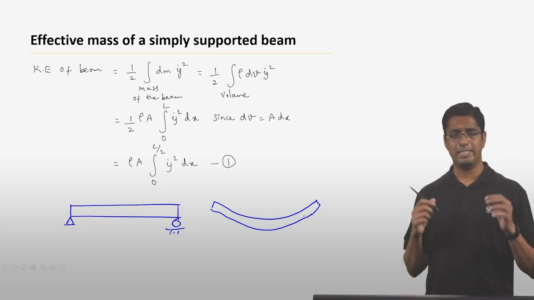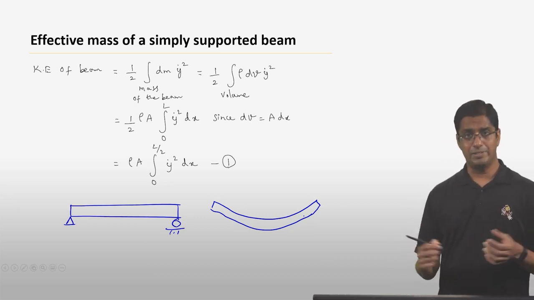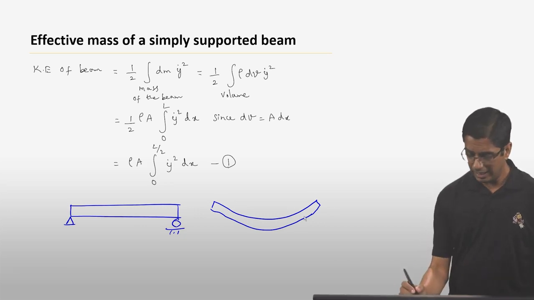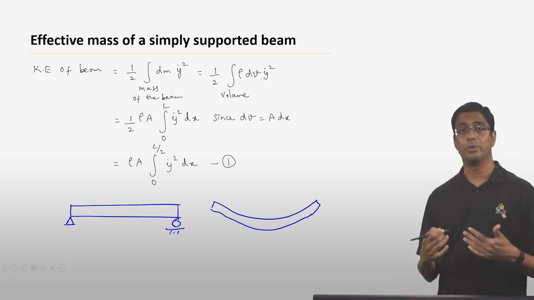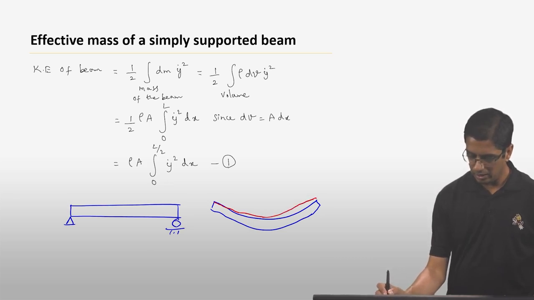So this is at some time instant t. Now, at the next time instant, the beam is going to become slightly different. In this case, let's say it's going up now. So the beam is going to kind of look like that, again, I'm exaggerating the displacements.